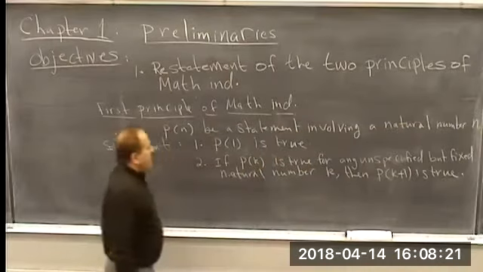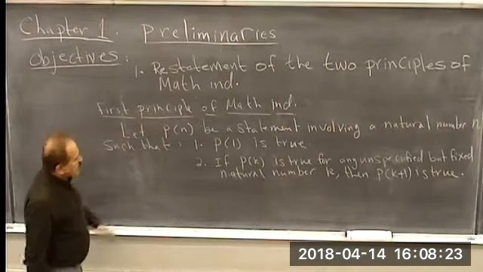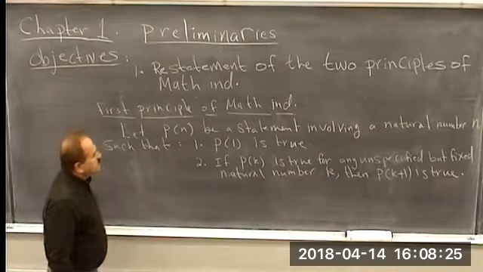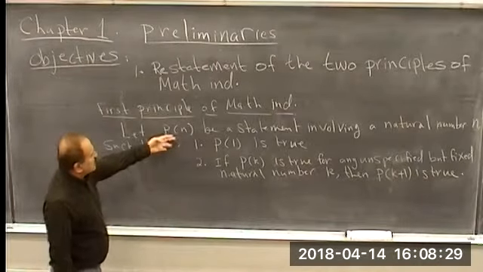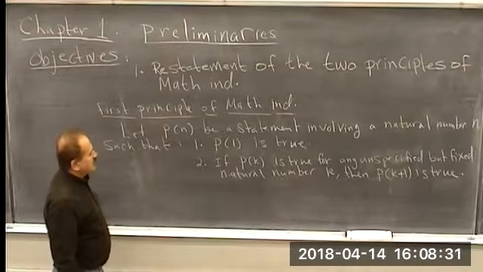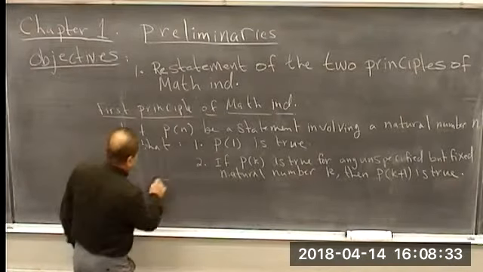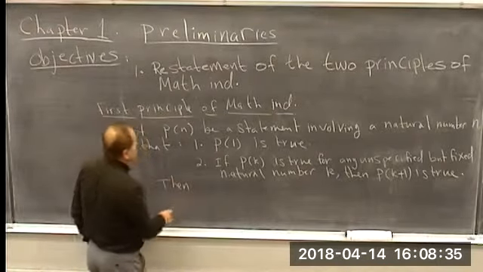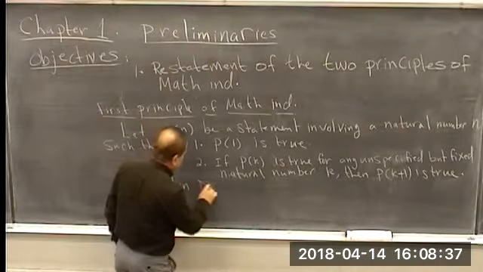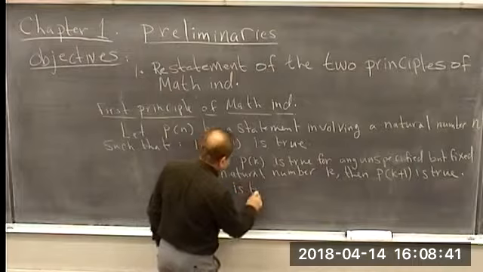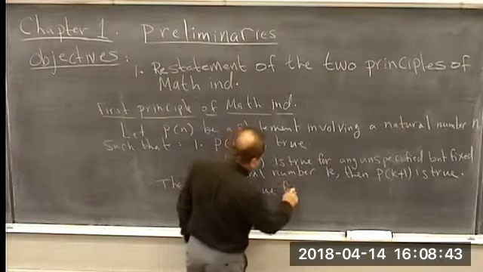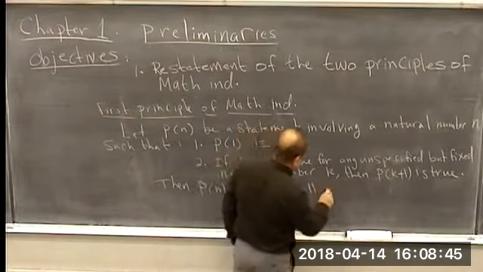All right. Now, if these two conditions are satisfied about a statement that involves a natural number n, then the conclusion is P of n is true for all natural numbers.